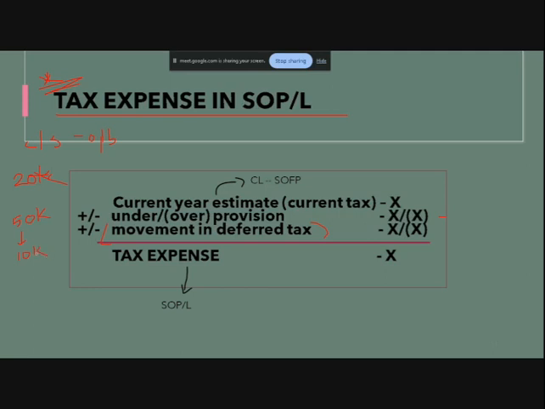Purely in this equation, when we are putting the value for movement in deferred tax, we won't include this 10K revaluation. The closing balance that we take will exclude any deferred tax liability relating to revaluation.